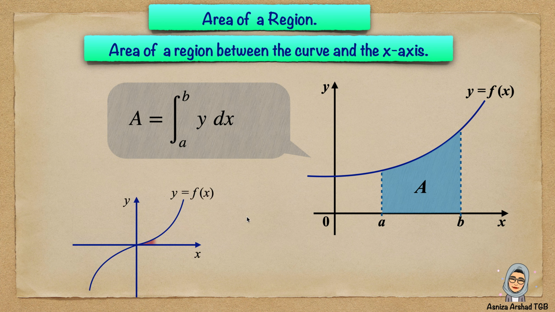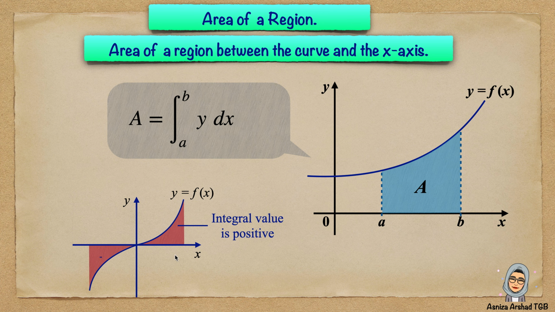Now if we have a shaded region between the curve and the x-axis, if the shaded region is above the x-axis, the value of the integral will be positive.